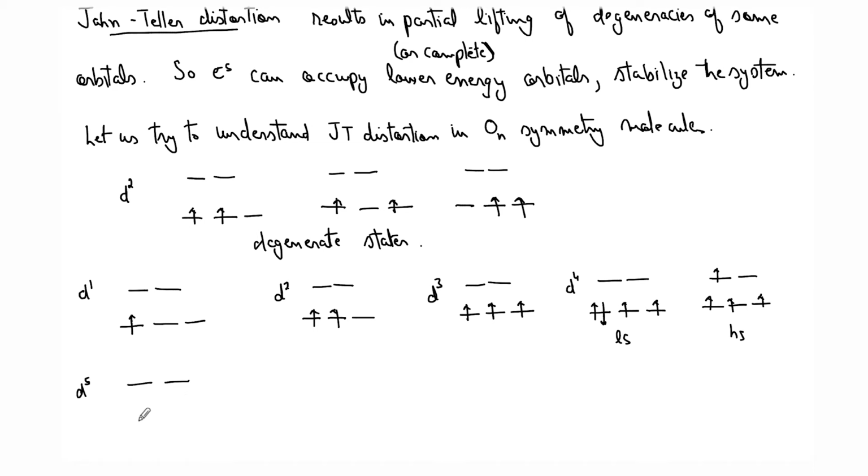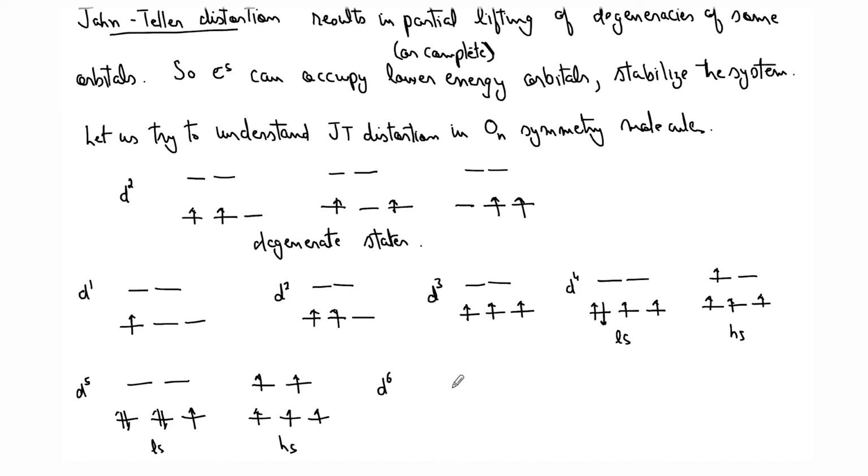All right, so let us move to D5. So D5 also can have low spin and high spin complex. So let us first draw low spin. This is low spin. So I will write LS. And this one is high spin. So this cannot undergo distortion, whereas this can undergo, because there are no degenerate states possible.